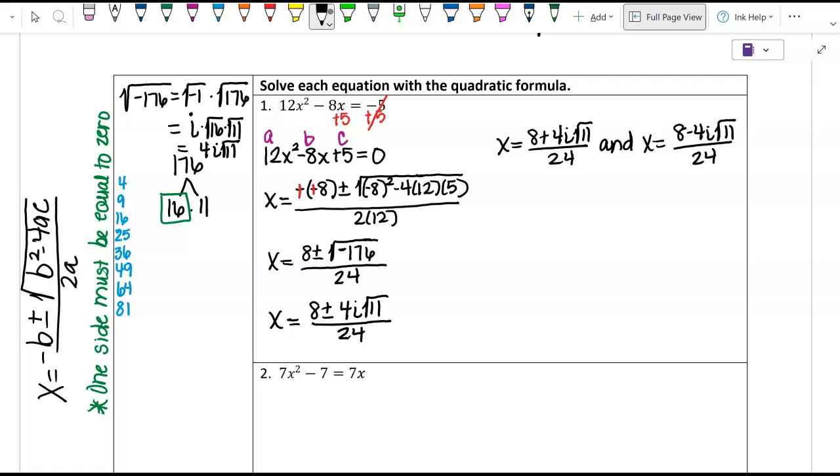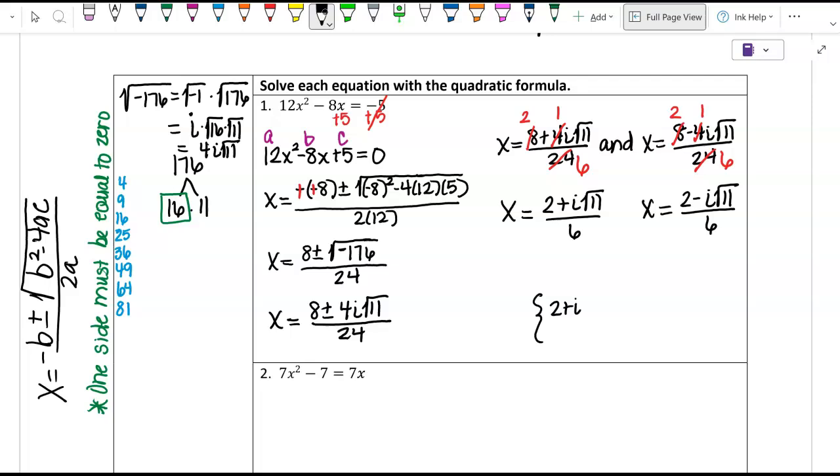The 4, the 8, and the 24 are all divisible by 4. So 8 divided by 4 is 2, 4 divided by 4 is 1, 24 divided by 4 is 6. So this becomes x equals 2 plus I radical 11 over 6. Those same reductions can be made in the other one as well. So we get x equals 2 minus I radical 11 over 6. So there's my solution set.